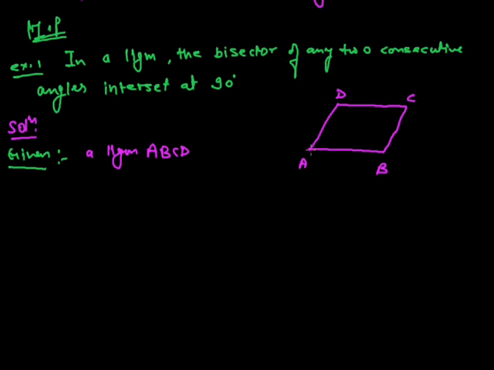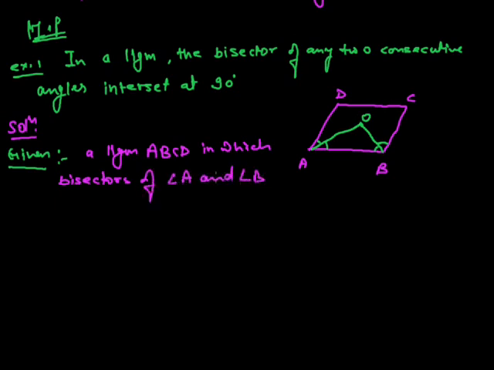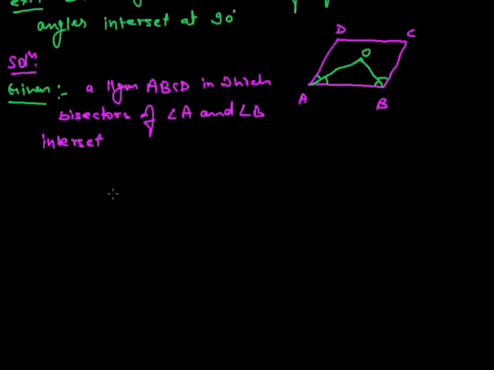Let us take the angle bisector of angle A and the angle bisector of angle B. Let us assume they are intersecting at point O. So, a parallelogram ABCD in which bisectors of angle A and angle B intersect at point O. This thing we are given.